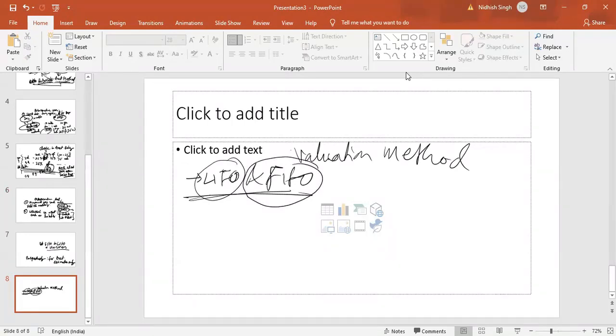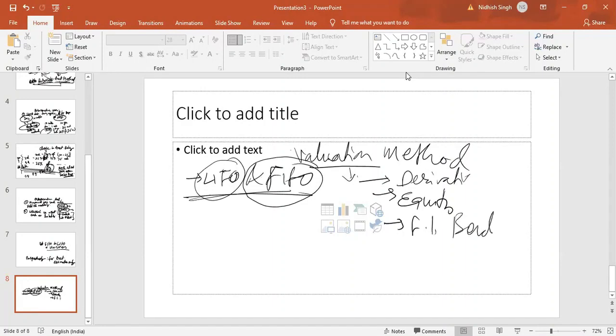So that's the approach. But when it comes to the valuation method as well, someone mentioned that valuation can trigger a change in accounting policy, and the answer is yes, because when we have derivatives, equity and fixed income like bonds, you need to use extensive valuation methodology.